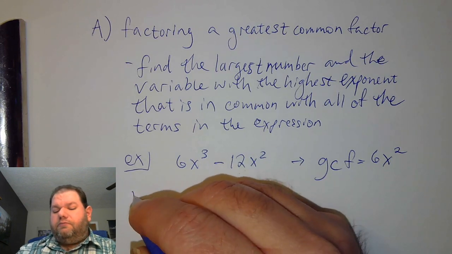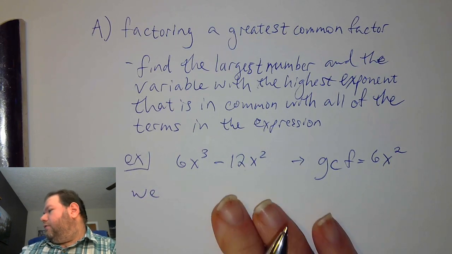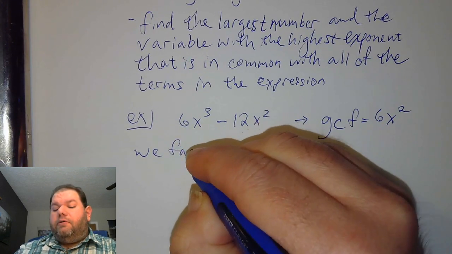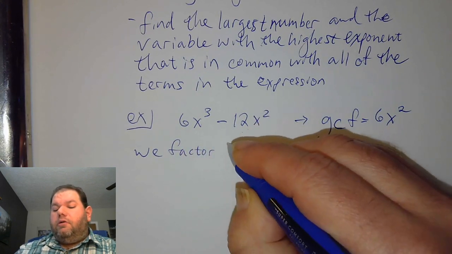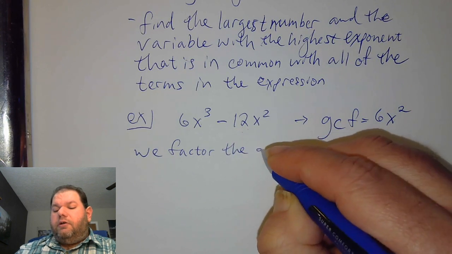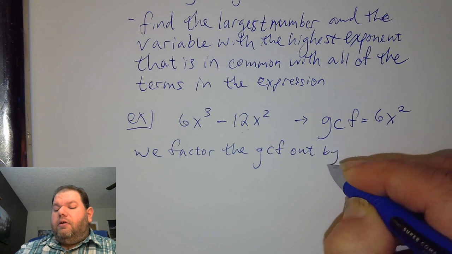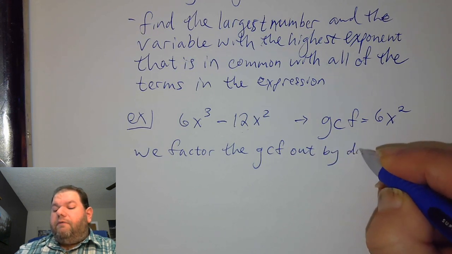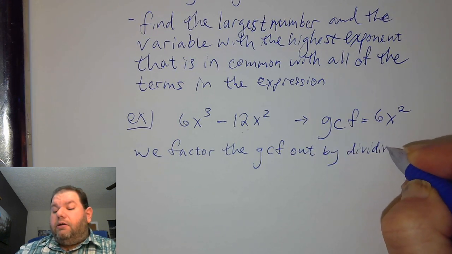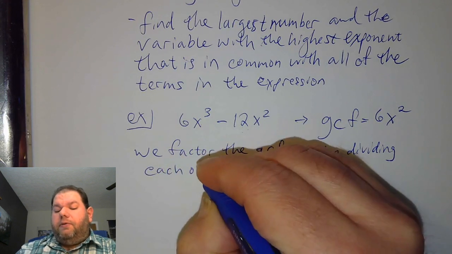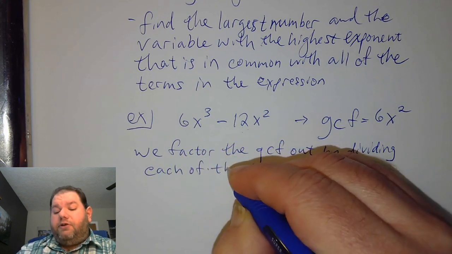So we factor the GCF out by dividing each of the terms by the GCF.